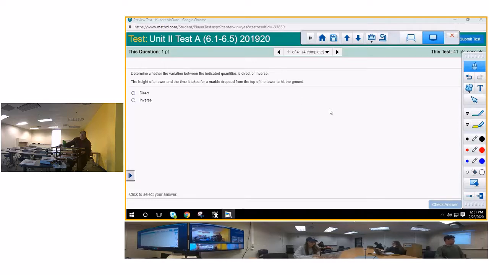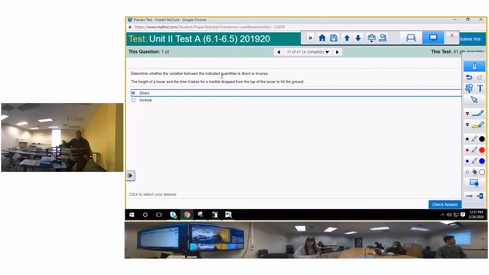So what is the height doing? If the height goes up, what will the time do? It'll go up too, right? So is that direct or inverse? Remember, direct is the same. Inverse is opposite.